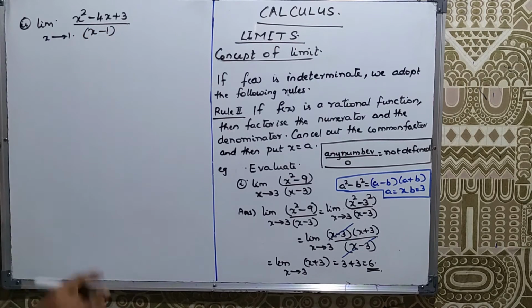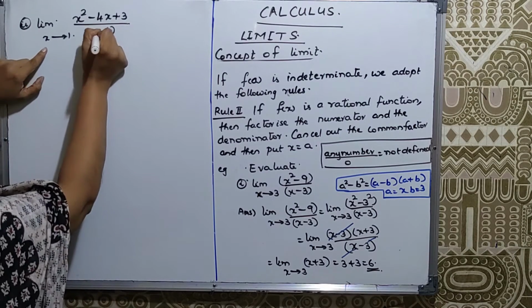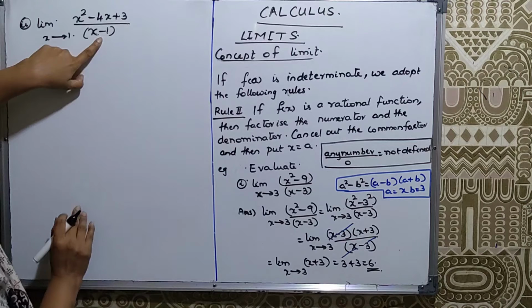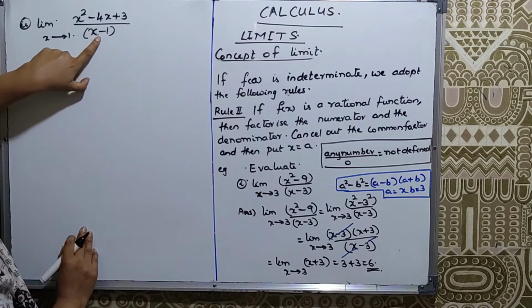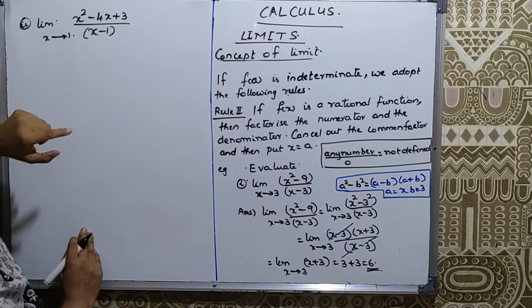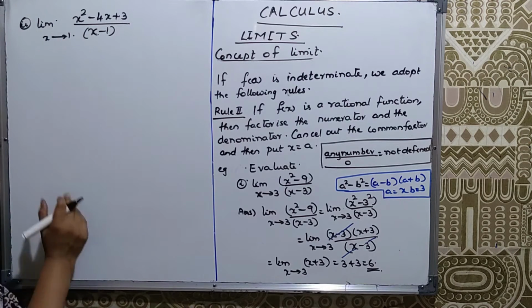In this case also, since the limit is x tends to 1, if you substitute 1, it will become 1 minus 1, 0. Again you will get not defined, any number by 0 not defined. For avoiding that, we will do the splitting of middle term in the numerator and check whether we can cancel the numerator and the denominator.